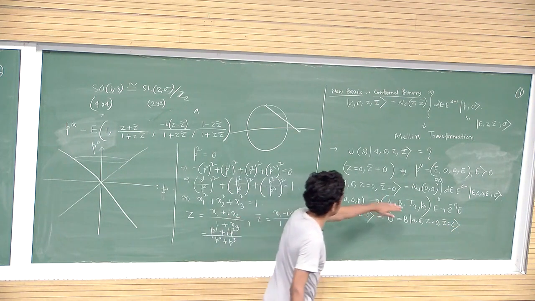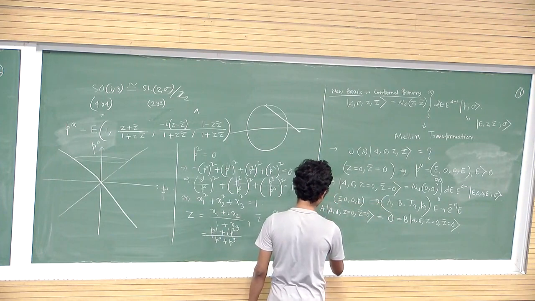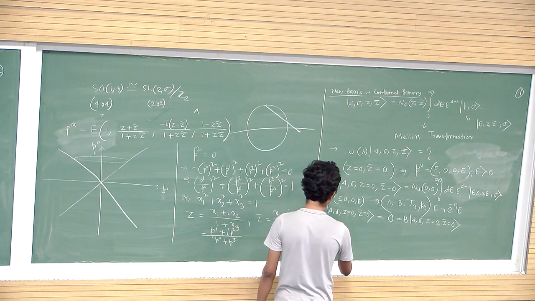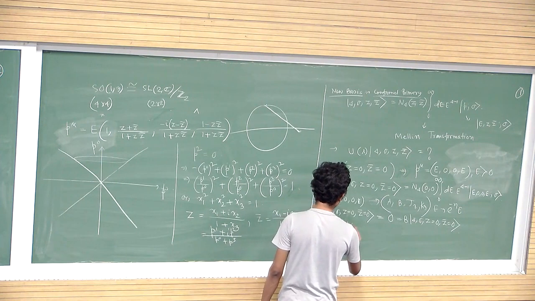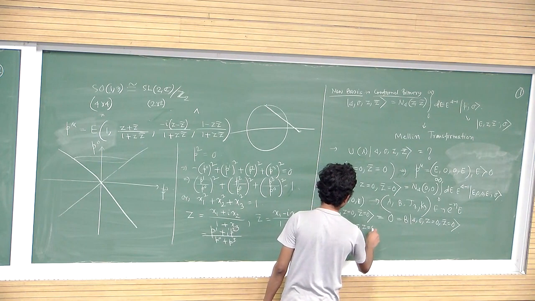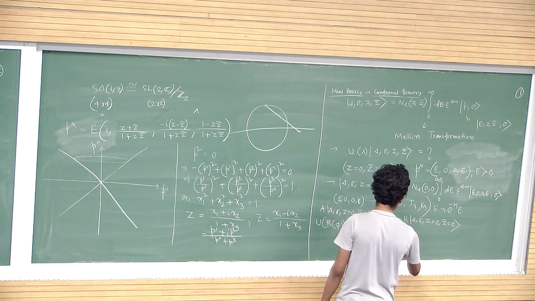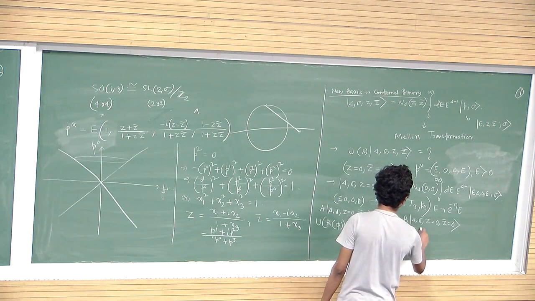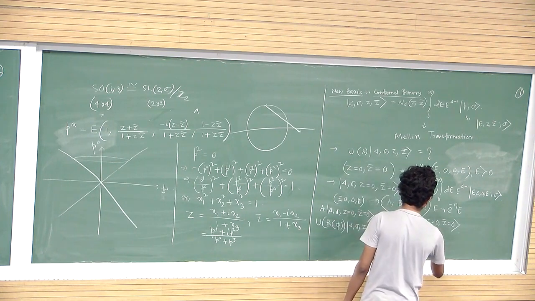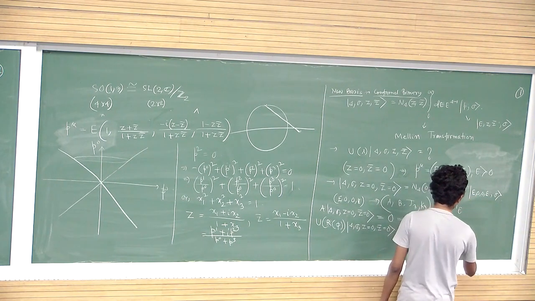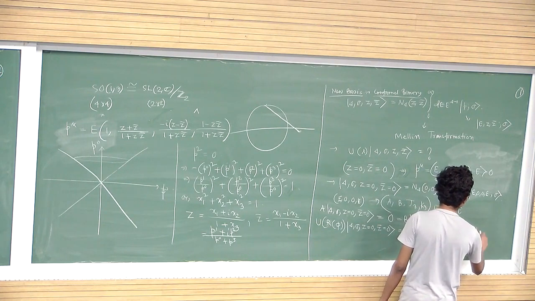What is the action of the J3? J3 is the rotation in the 1, 2 plane. Let me call it R(phi), acting on this |delta, sigma>. When it hits this state, it will just simply give you e^{i sigma phi}.